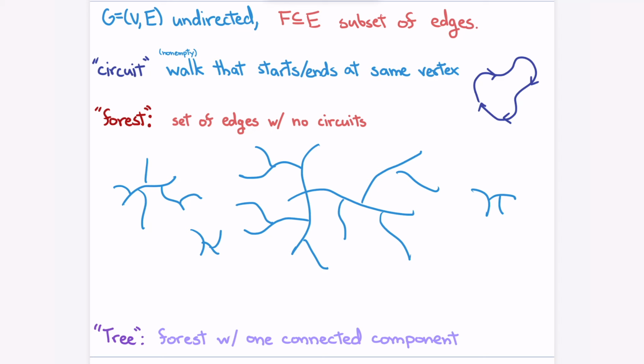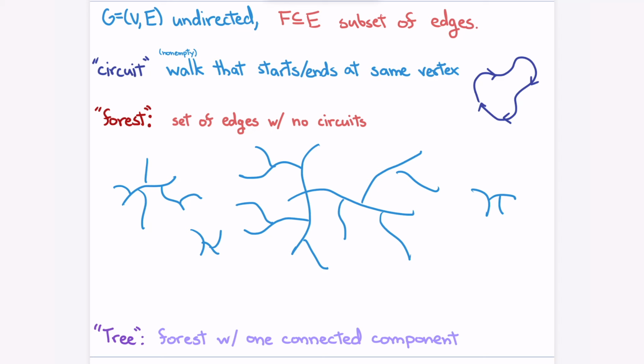I want to reserve the word cycle for when the vertices don't repeat, because of all of our Hamiltonian cycle type discussion. So the circuit in graph language actually refers to this. Apologies. A forest can be defined as any set of edges with no circuit. It's also the same as not having a cycle.